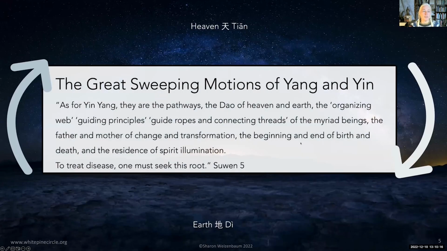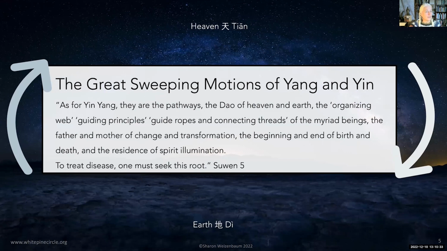Okay, so we're going back to chapter 5 of the Suwen and touching back with this quote, which is actually repeated elsewhere in the Huangdi Neijing.